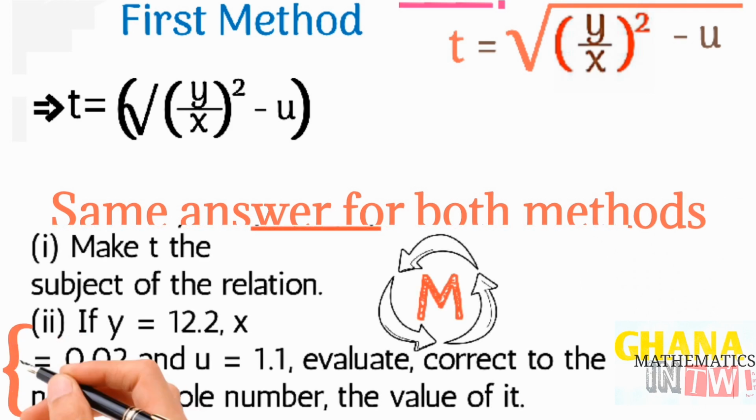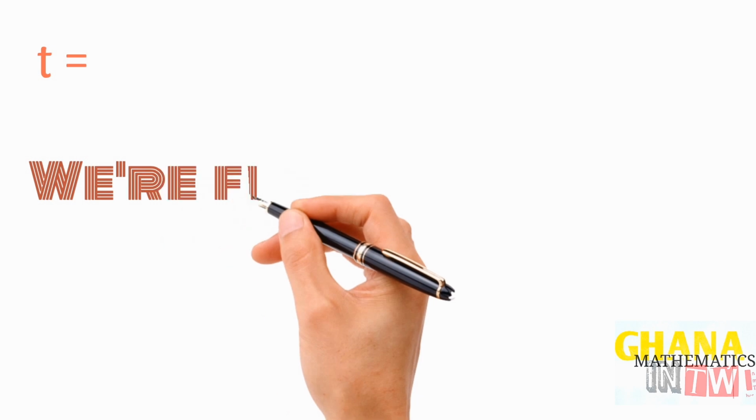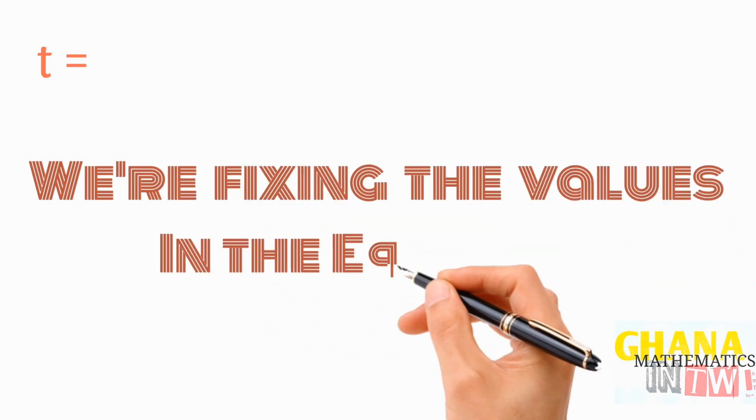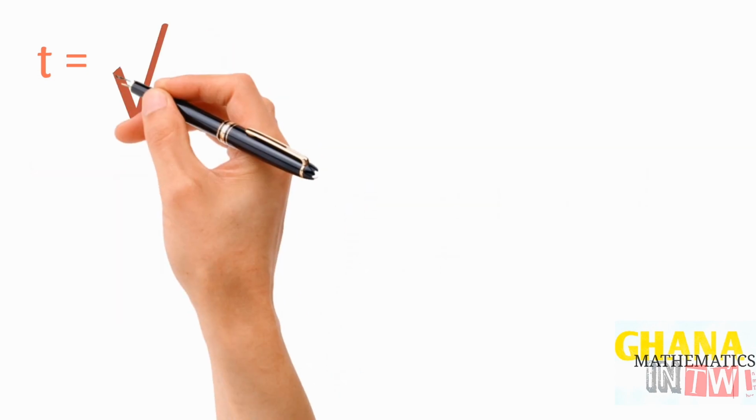The second part: if y equals 12.2, s equals 0.02, and u equals 1.1, then we have to evaluate it. We are fixing the values in the equation: the 12.2, the 0.02, and the 1.1.